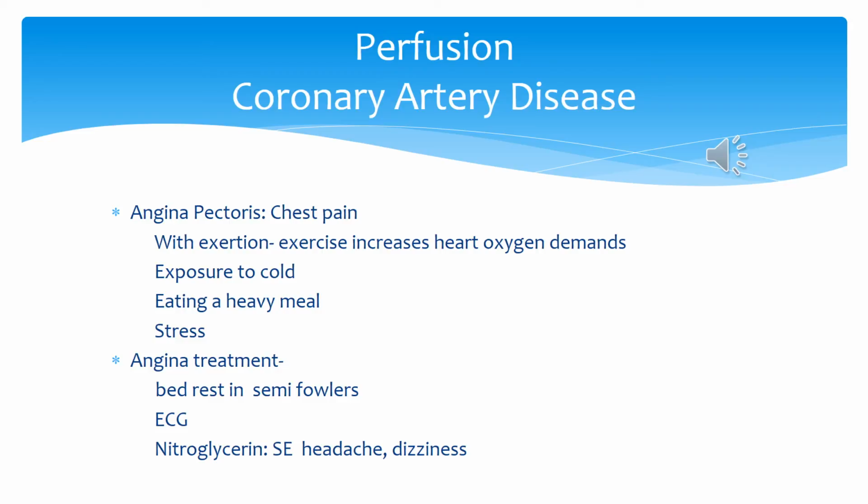There are several factors associated with typical anginal pain. There's physical exertion, which precipitates an attack by increasing myocardial oxygen demand. There is also exposure to cold, which causes vasoconstriction and elevated blood pressure with increased oxygen demand.